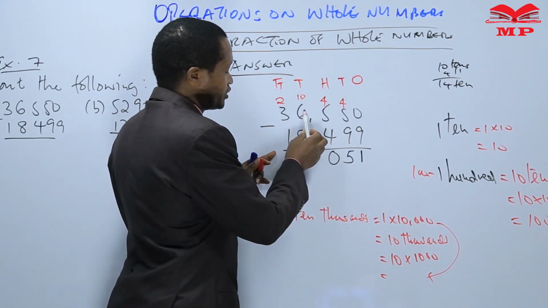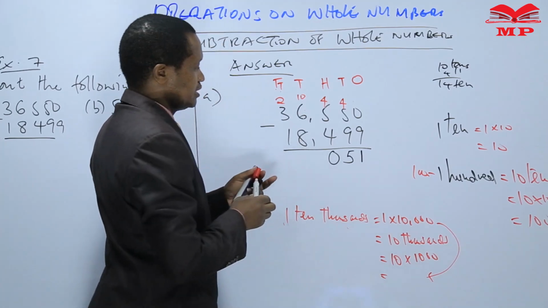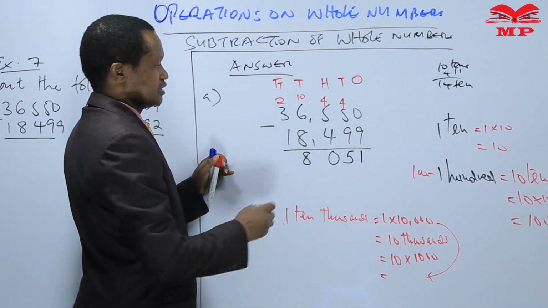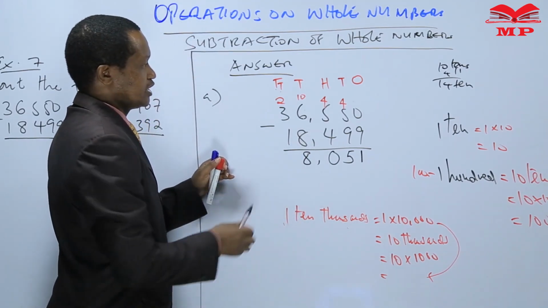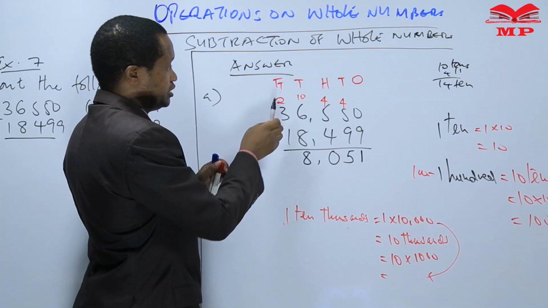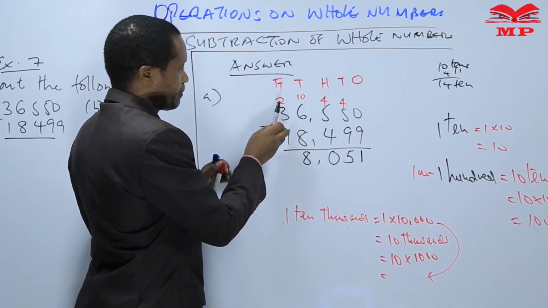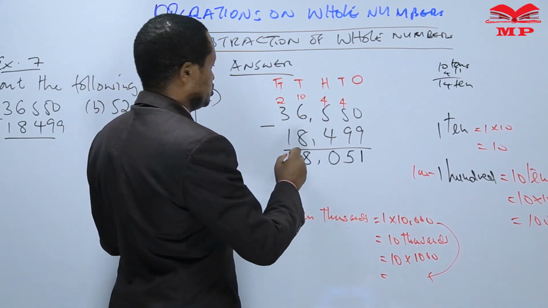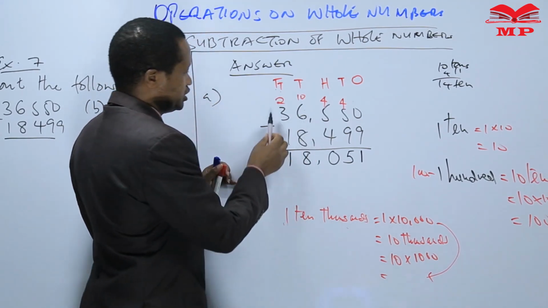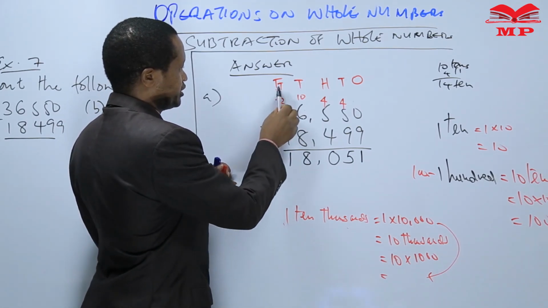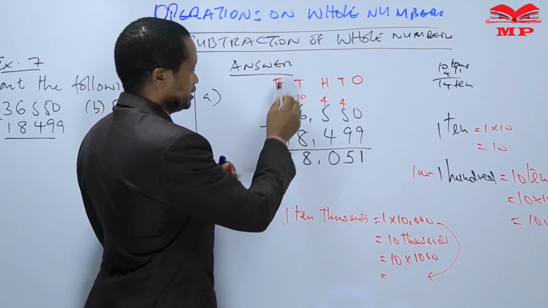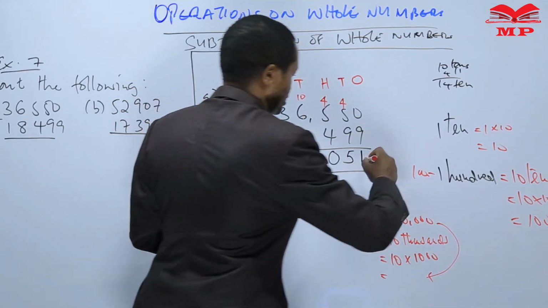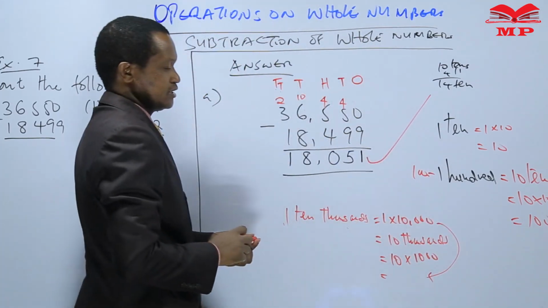From these 16 thousands we can subtract 8 thousands, giving us 8 thousands. Then we come to the 10,000s. 2 10,000s minus 1 10,000 is equal to 1 10,000. So this one here is our answer.